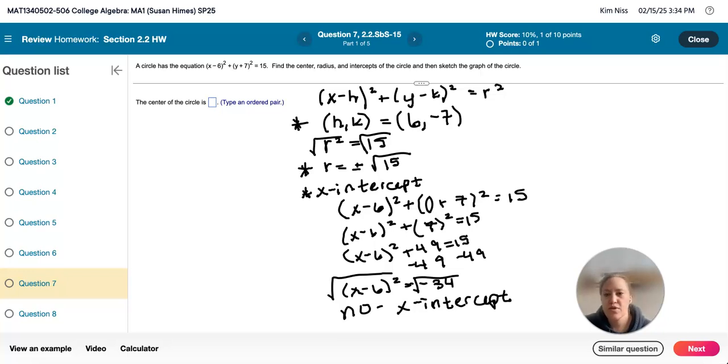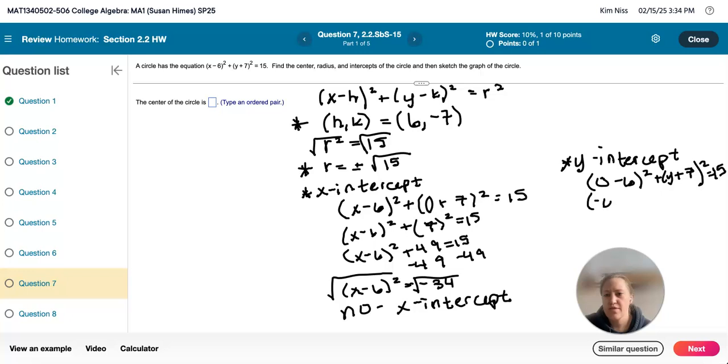So now we're going to do the y-intercept. The y-intercept is just a matter of plugging in 0 for x and solving for y. So we have (0 minus 6) squared plus (y plus 7) squared equals 15. Sorry, kind of running out of room.